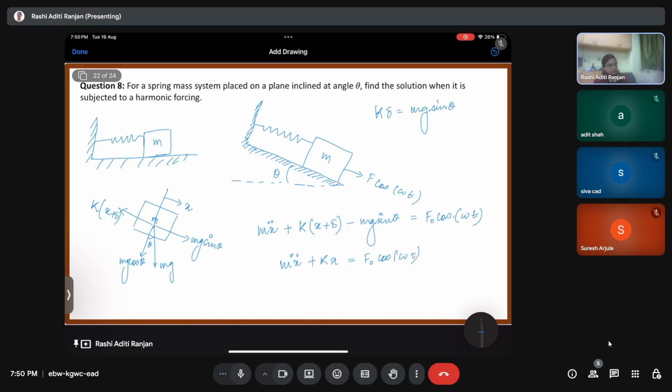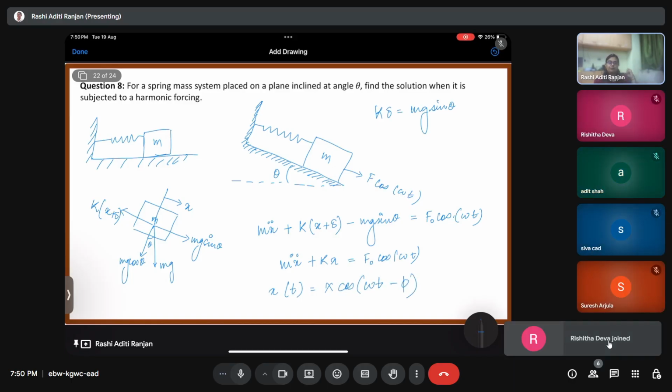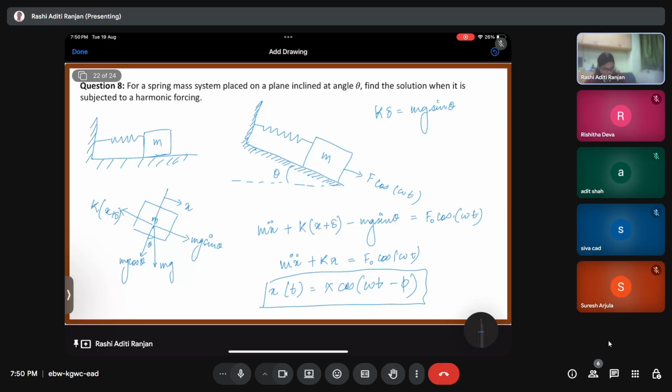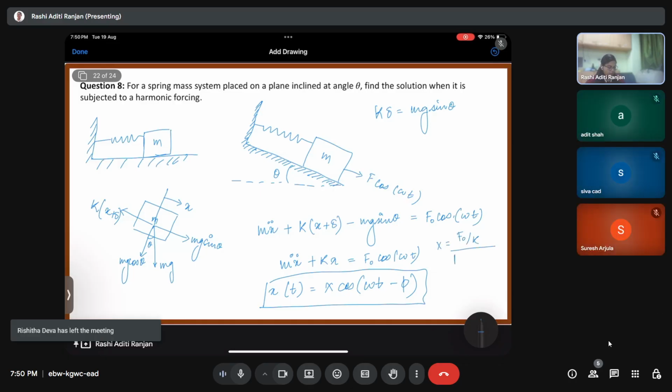The steady state solution is going to be nothing but X cos of omega t minus phi, where X is nothing but F naught by k divided by 1 minus omega by omega n whole square, and phi is 0.